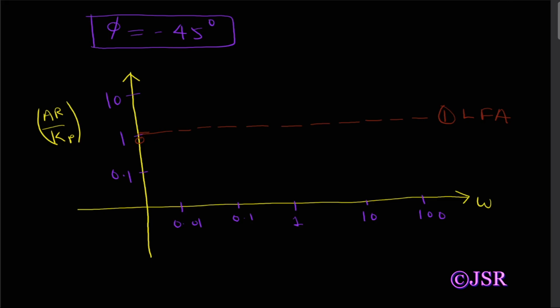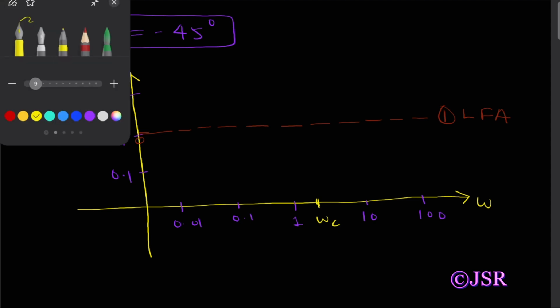So let's say my corner frequency is here, right? So this is omega c. At this point the high frequency asymptote as well as the low frequency asymptote will cut each other, right?